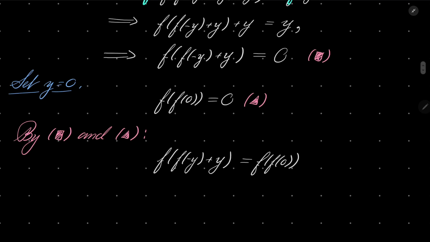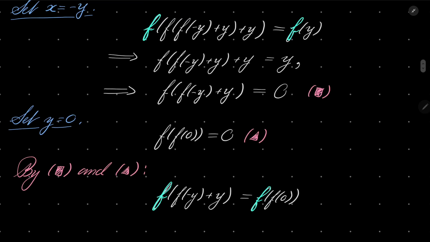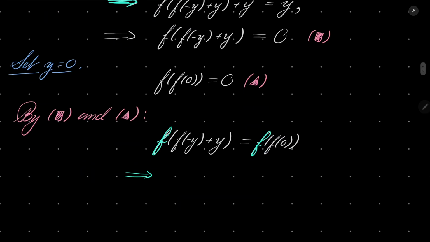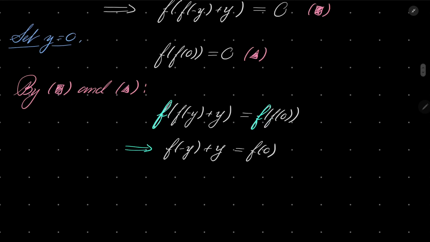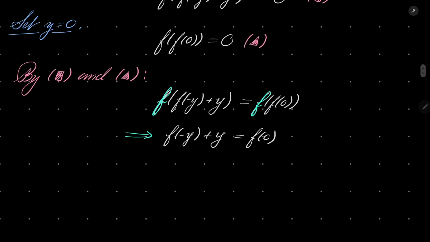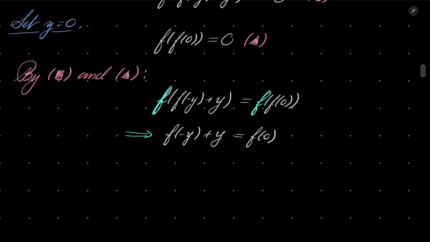Perfect. And now, once again, here we have f, here we have f. The function is injective. So we can cancel this outer occurrence of our function, which means that f of minus y plus y equals f of 0, which means in turn that f of minus y equals minus y plus f of 0.